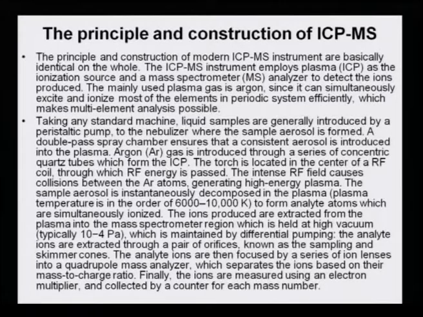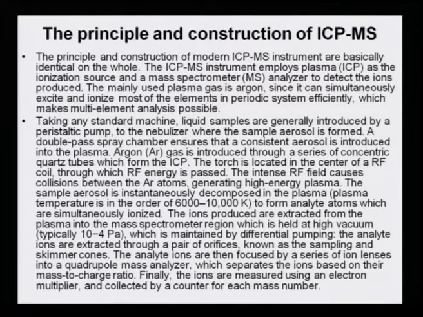The ions produced are extracted from the plasma into the mass spectrometer region, which is held at high vacuum, typically at 10 to the power minus 4 Pa, which is maintained by differential pumping. The analyte ions are extracted through a pair of orifices known as the sampling and skimmer cones.